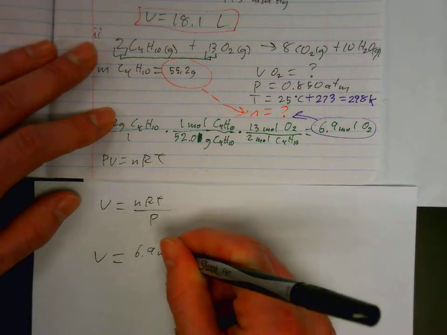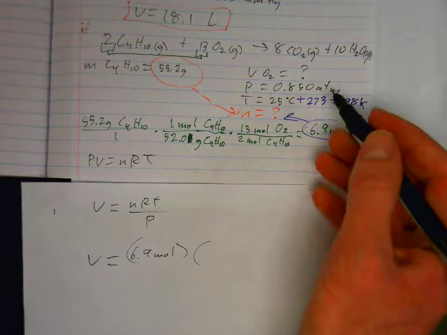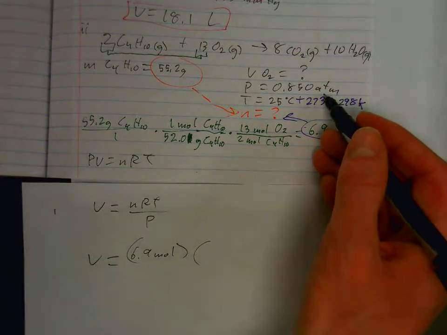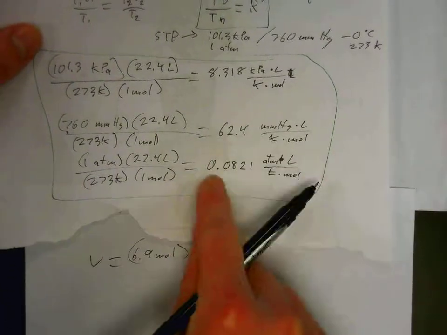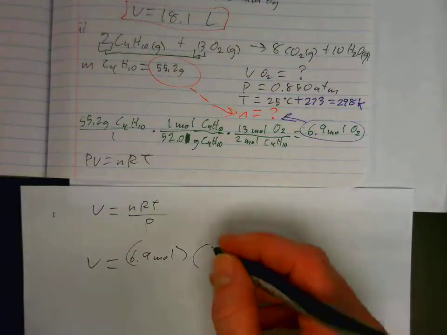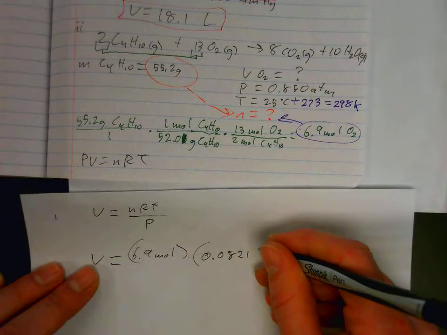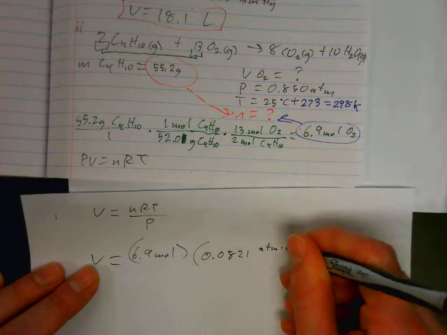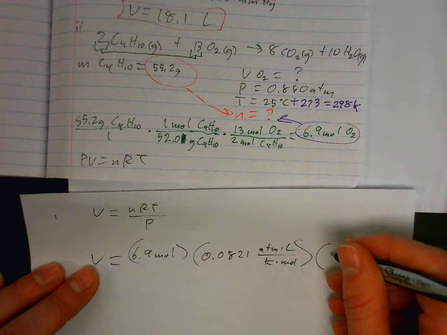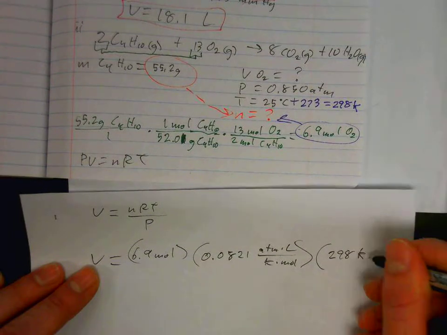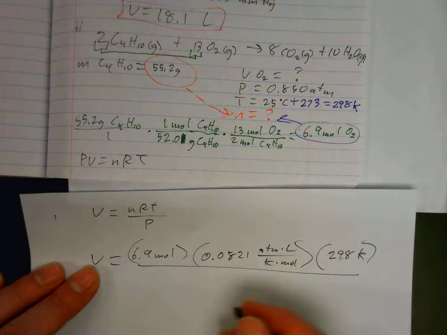This time, since we have a unit of pressure in atm, it would be most convenient to use this unit for the R value, 0.0821 atm times liters over Kelvin mole. And the temperature, 298 Kelvin, all divided by the pressure, 0.850 atm.